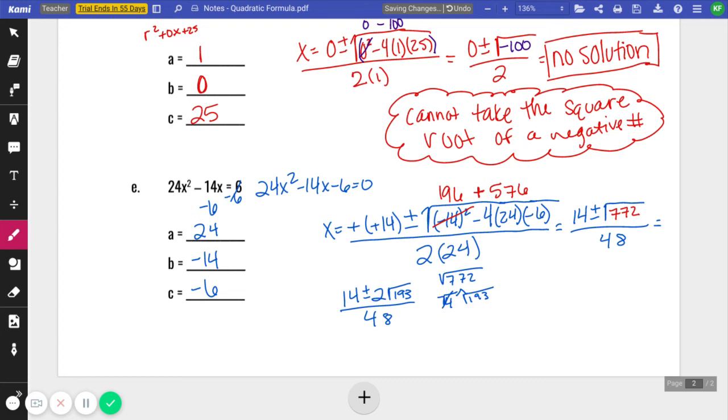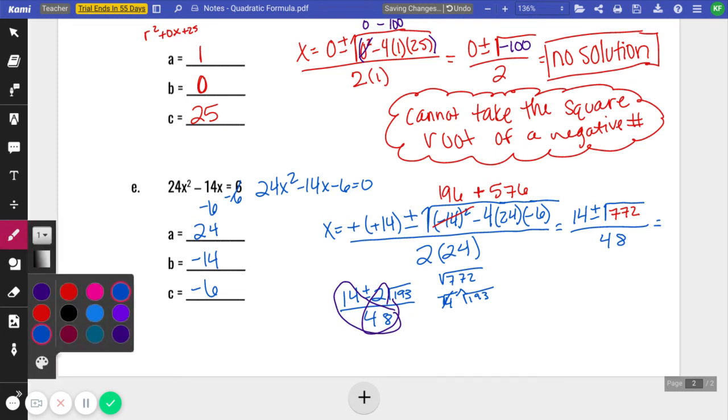Then looking at the 3 numbers that are remaining outside the square root, 14, 2, and 48. Those all 3 can be simplified by a common factor of 2.